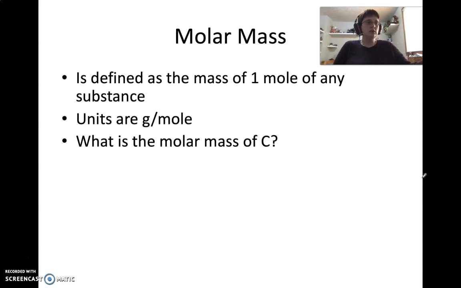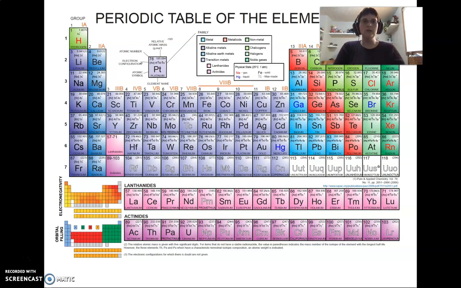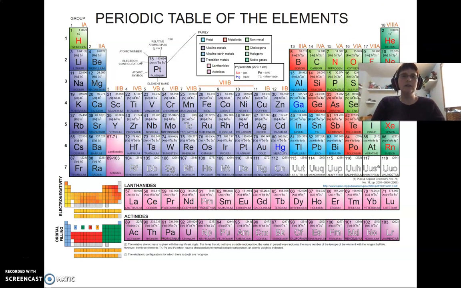If you take a look at the periodic table, we look up the atomic mass. The atomic mass of carbon is 12.011.